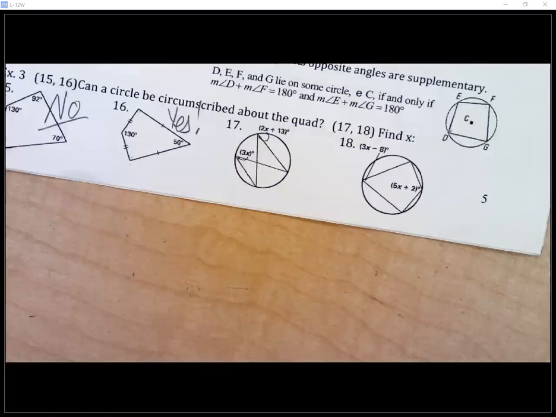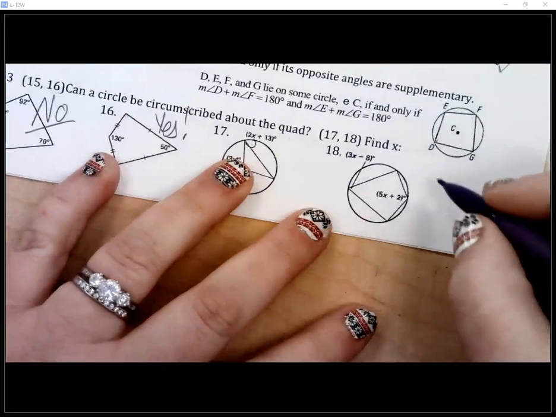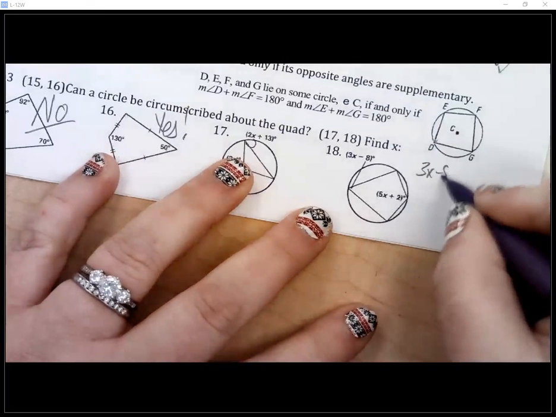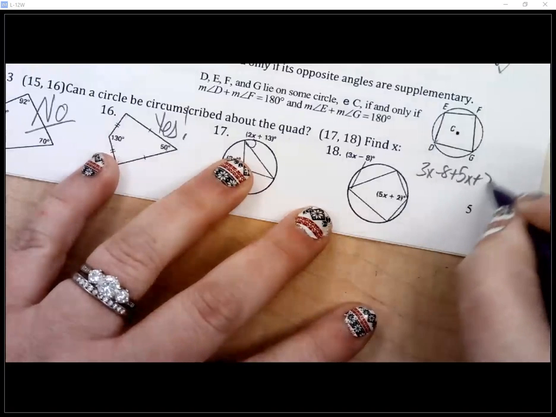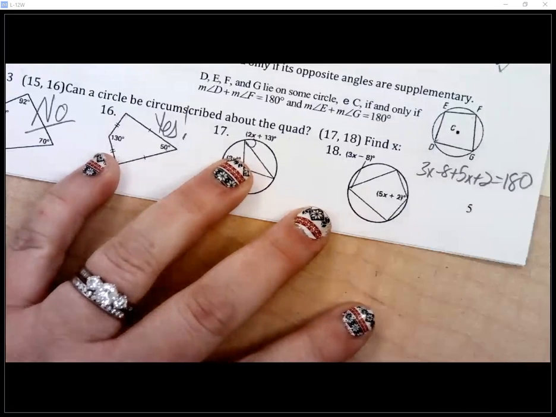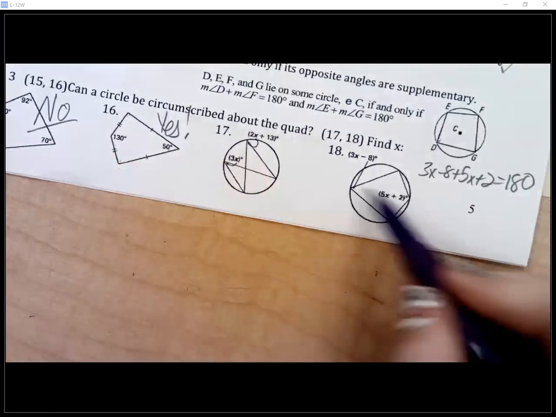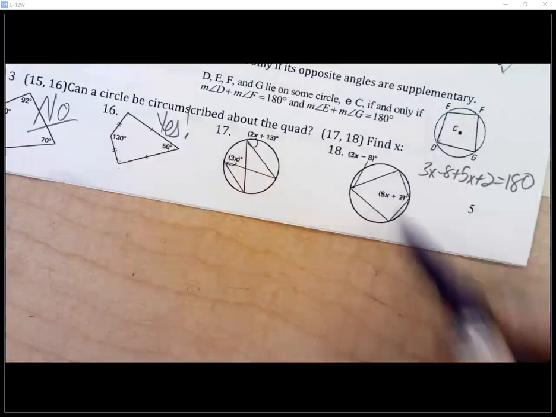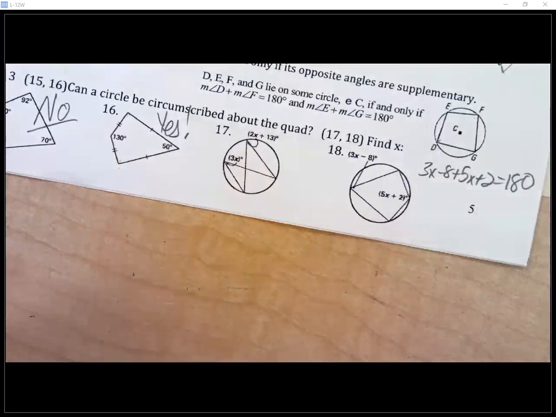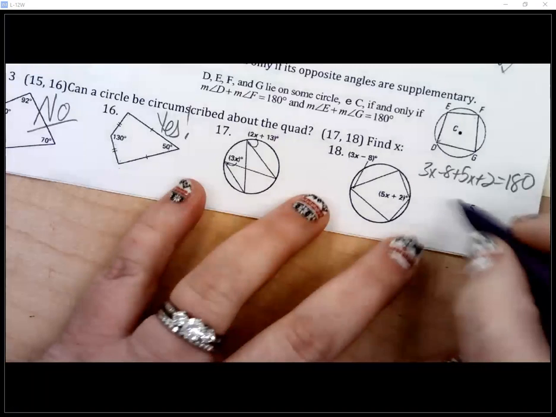Okay, who can tell me what the equation is? Not the answer, but what's the equation that you would write for 18? Sam, go ahead. 3x minus 8 plus 5x plus 2. Correct. We know it has to equal 180 because they are opposite angles of an inscribed quadrilateral. And we just learned that if you can inscribe a quadrilateral in a circle, which clearly they did, the opposite angles must be supplementary. So there's your equation, and now you just got to solve.